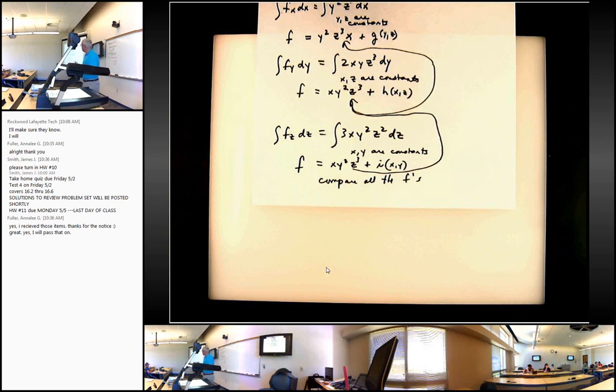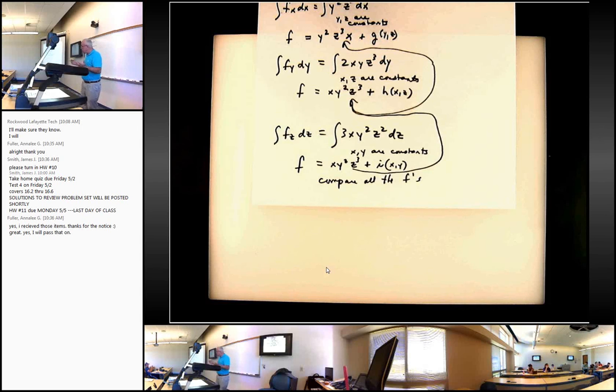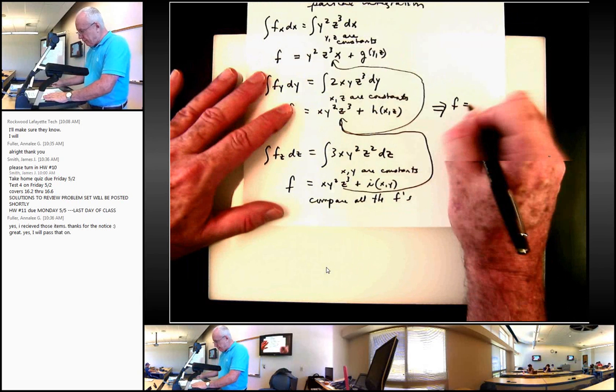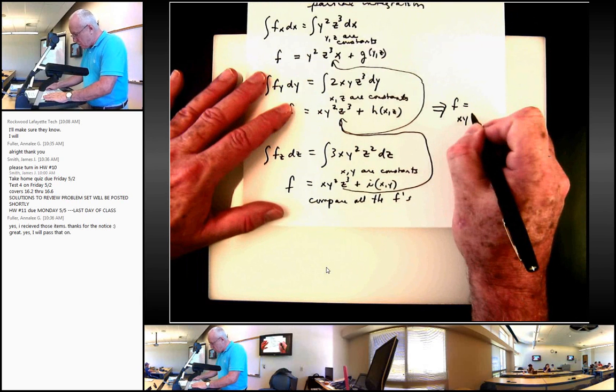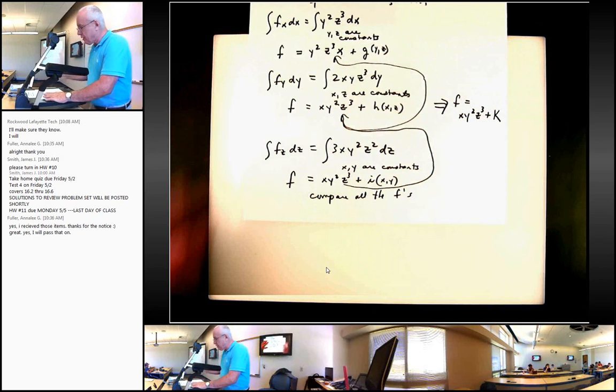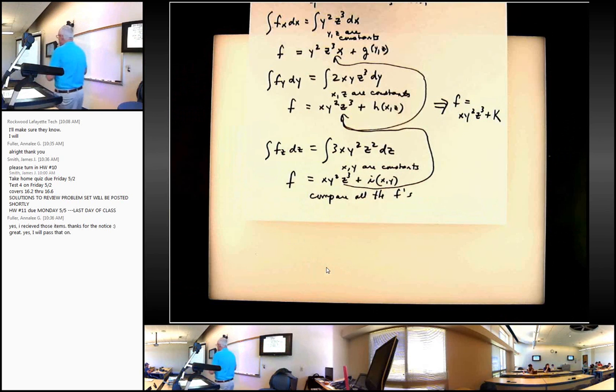Well, in this case, those other things are just going to be a general constant, because we can always have a general constant as part of our antiderivative. So all of this tells me that my little f function is going to be x, y squared, z to the third, plus we could have some general constant, I'll call it capital K. All right.